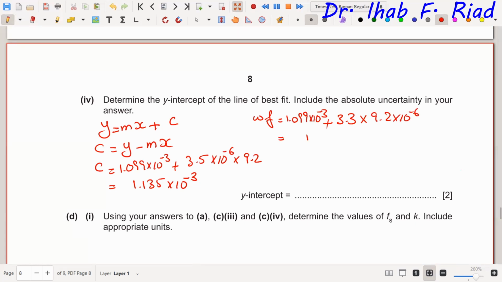What do we get? 1.129 times 10 to the power minus 3, and it is here minus 1, right? Yes. How do we calculate the absolute uncertainty? It is worst fit minus best fit.